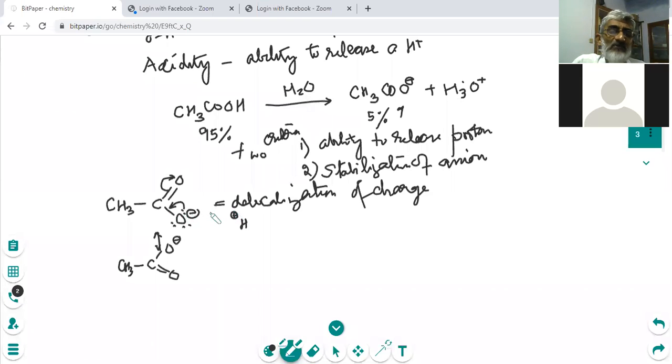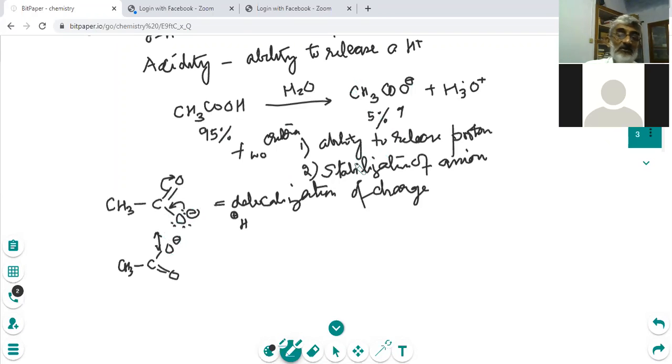So sort of musical chair is occurring here. That is why this resonance effect is making the carboxylic acid act as an acid. That is, the release of proton from here will result in the stabilization of this anion.